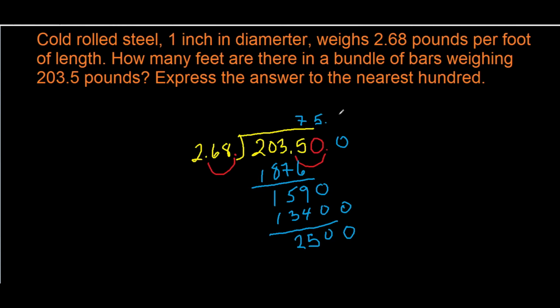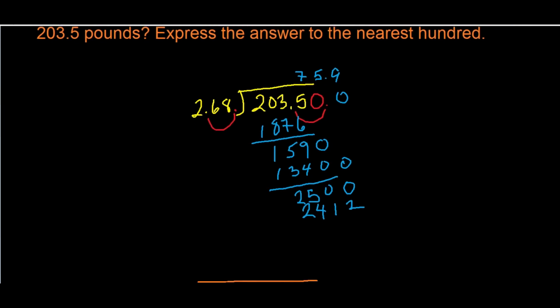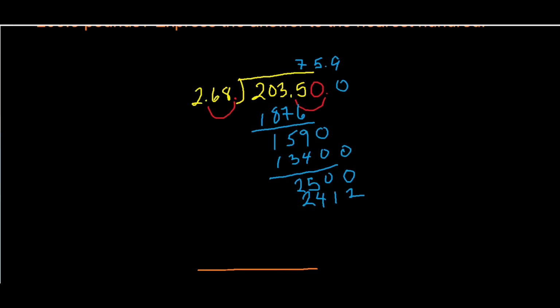This next number is going to be a 9. So 9 times 268 is going to be 2412. And I'm going to give us a little bit more room to work with. So here's 2412.